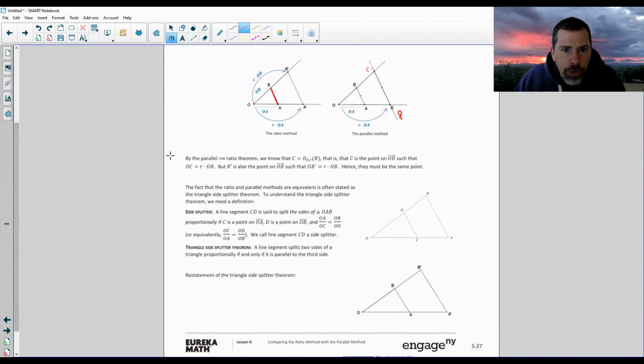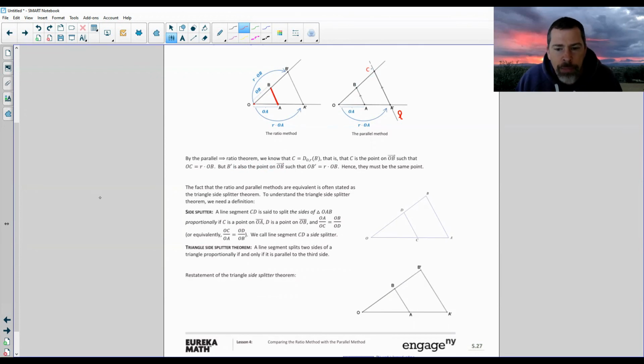Okay, so by the parallel to the two ratio theorem, we know that C equals a dilation of B from the point O of a ratio R. That is, C is the point on the ray OB such that OC equals OB times that R. But B prime is also the point on OB such that OB prime equals R times OB.